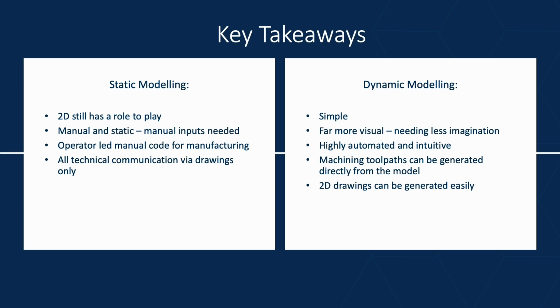So we are assuming a larger level of skill in order for the manual inputs to take place correctly. And then the machine operator leads the process of how the manufacturing is taking place. So you're sending them a flat plain drawing with very little intelligence.